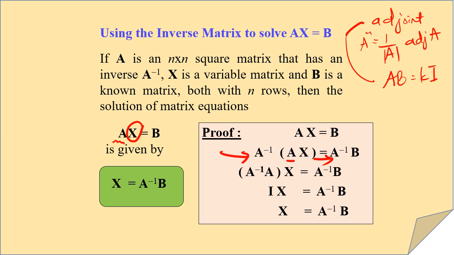A inverse multiplied by A is I, then we have IX, which is equal to X itself, so X equal to A inverse B. That's why we can solve it by finding the A inverse of the system. So what is A inverse? It means that we have to find the inverse of the coefficient matrix.